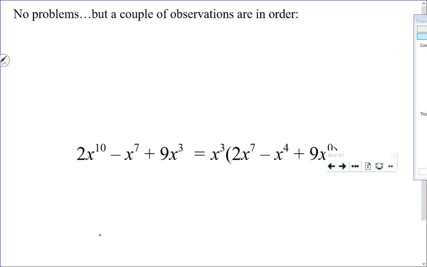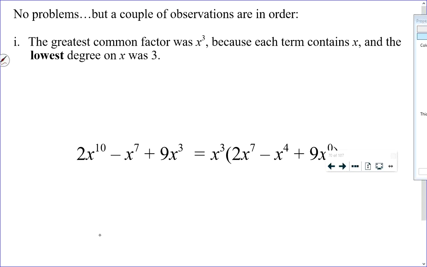So no problems, but let's make some observations here. The first observation is, why was x cubed the greatest common factor? It's because 3 is the smallest degree on all of the variables. You look at all 3 of those variables, and they are raised to the 10, the 7, and the 3.